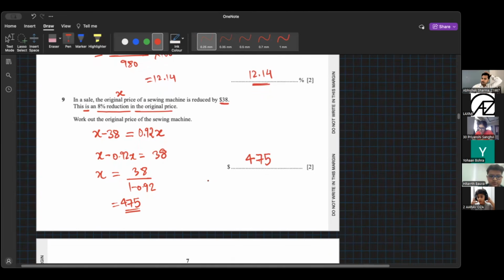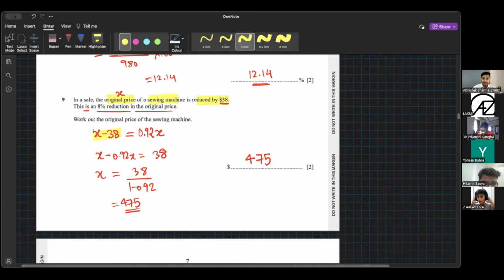What we did here, we only followed the sentence. Yes, I'm getting 475. 475 is the answer. We followed the sentence and we framed the equation. Because it says the original price of the sewing machine is reduced by 38, so we reduced by 38.